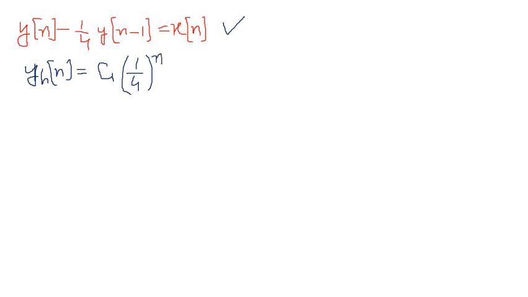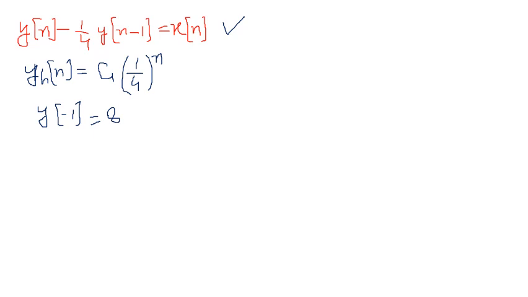Now to find the natural response, we need the initial condition. So for example, the initial condition is y of minus 1. Let's use the same value we previously used for finding the complete solution. So we say y of minus 1 equals 8.